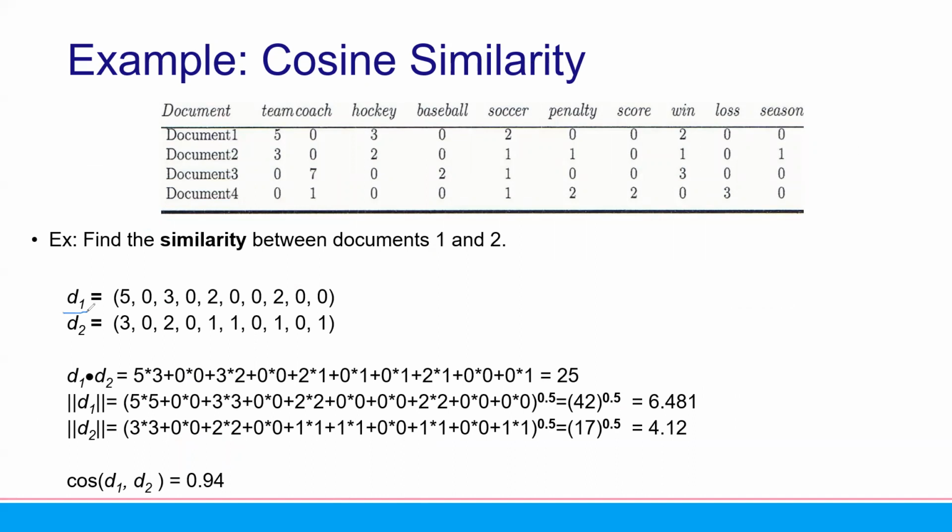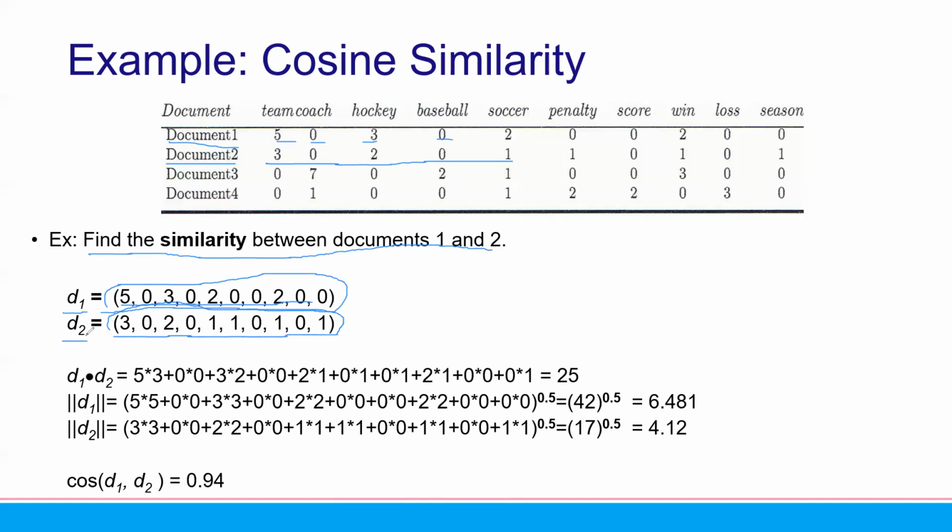Let's say we want to find the similarity between documents 1 and 2. I want to see whether document 1 and document 2 are similar or not. And D1 is this one, 5, 0, 3, 0. We put it into a vector like this. And D2, yeah, we have this number. Okay, we put it also into a vector like this.